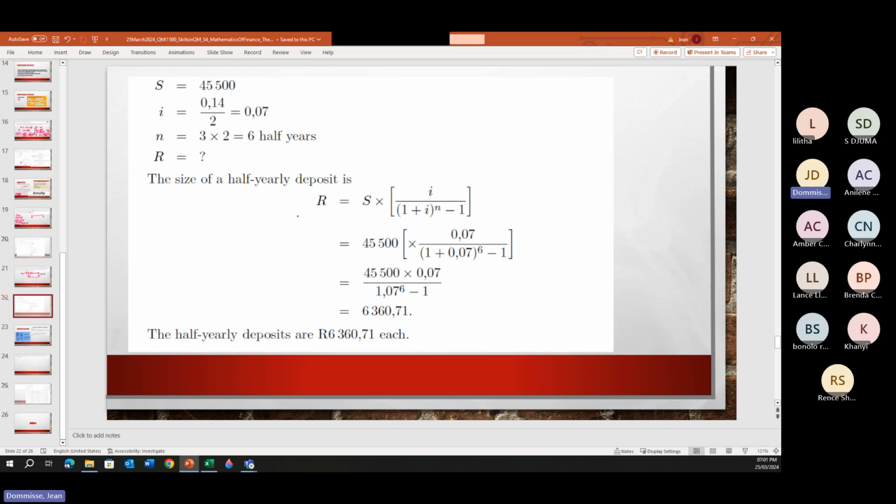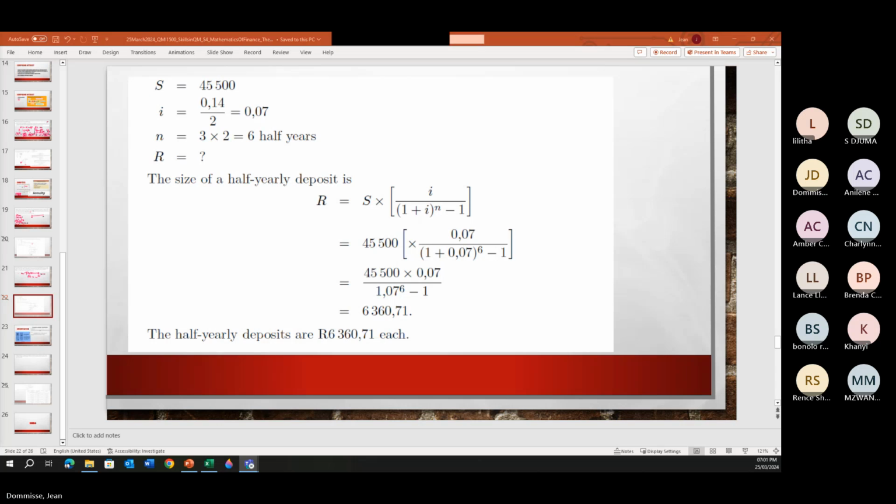You can do it with your financial calculator. It will give you the same answer. So once again, see which one works best for you and use that to get to the answers. Again, I will share the spreadsheet so that you guys have it. If you want to use it, please use it.